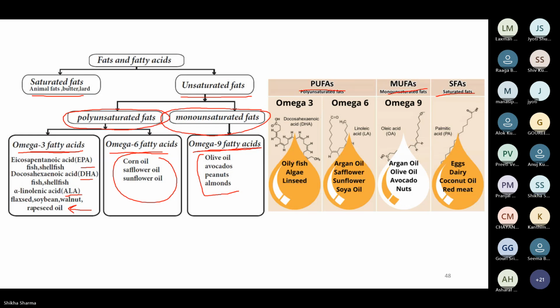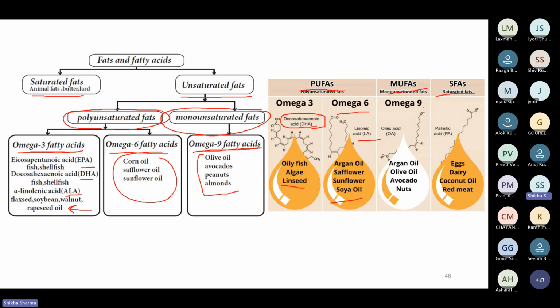We have linseed also in omega-3, and DHA is very helpful for growth. Omega-6 can be linoleic acid, found in different plant sources like sunflower or safflower oil.